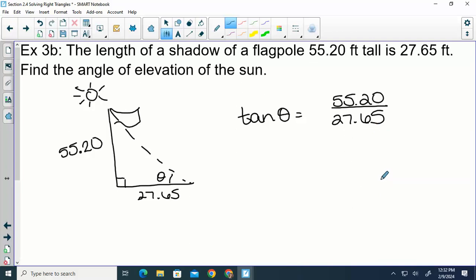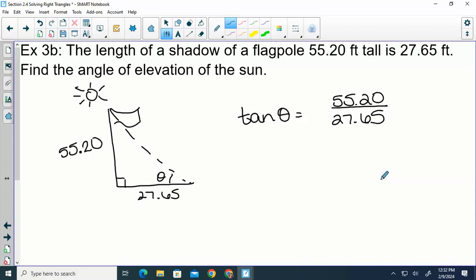Okay, first of all, before we do anything else, degree mode. Make sure you are in degree mode. Every test and quiz, make sure you are in degree mode. Okay. And then how am I going to type this in? Tangent -1. Right. If you are looking for an angle, that's when you do the inverse.